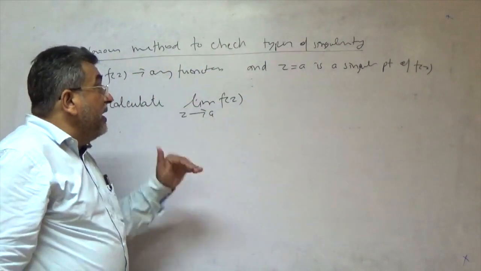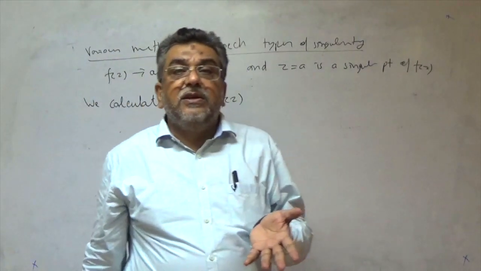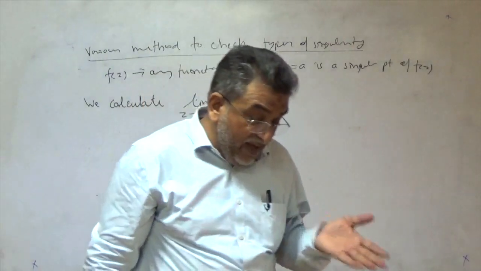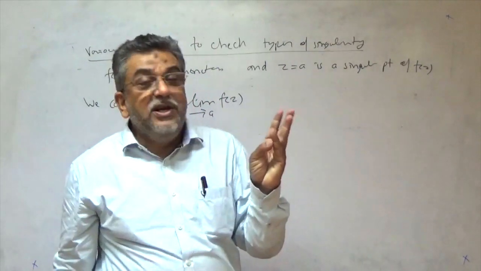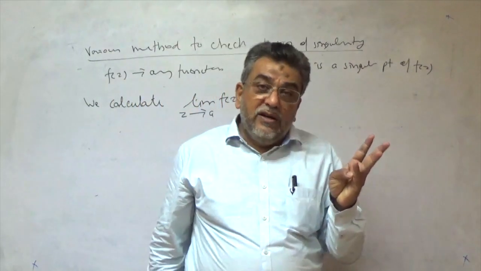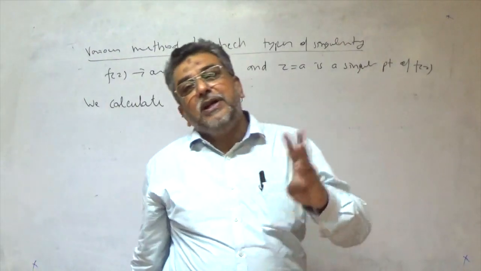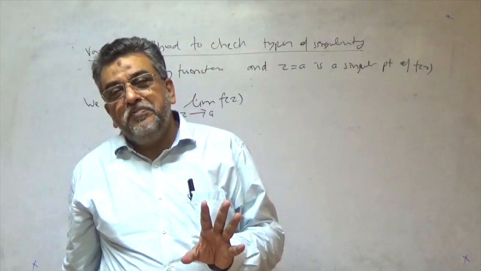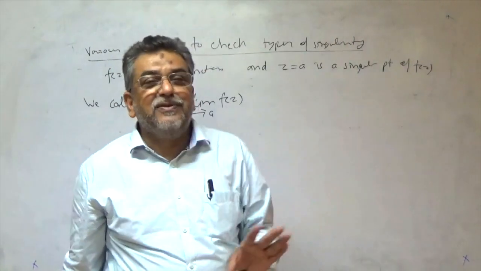Then there may be 3 possibilities, that means 3 results of this limit. First, the limit exists. Second, the limit tends to infinity. Third, the limit does not exist. Only these 3 possibilities occur, nothing else.